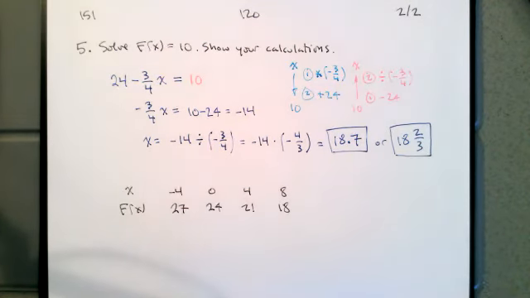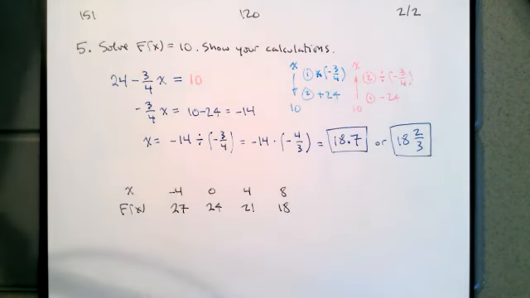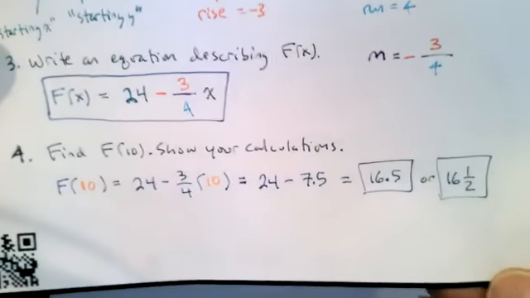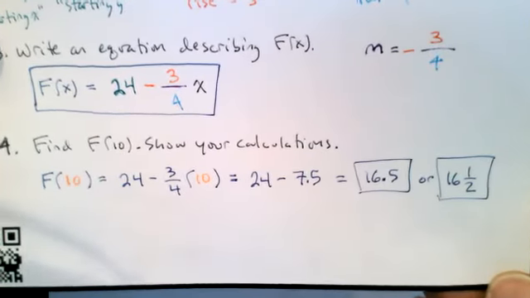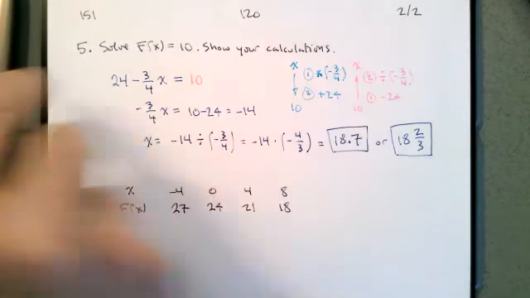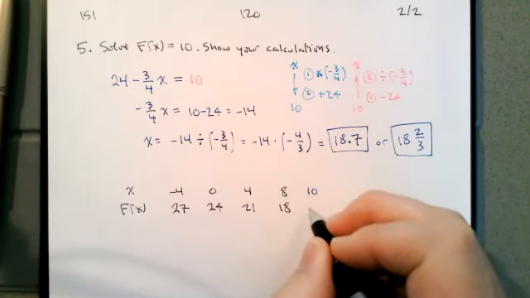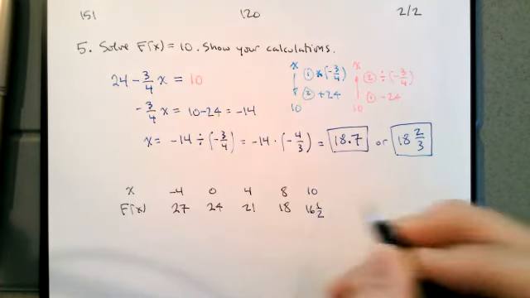The one that we found in problem 4 was that when x is 10, f of 10 is 16.5. So that's the one that we found in problem 4. When x is 10, f of 10 is 16 and 1/2.